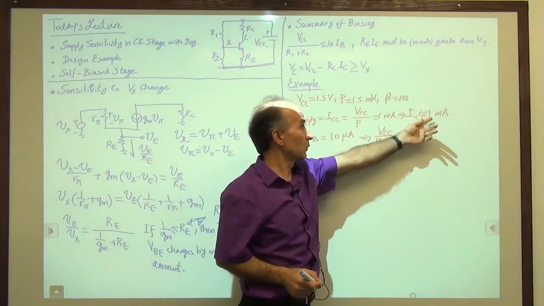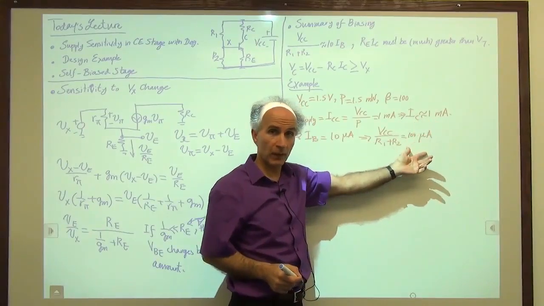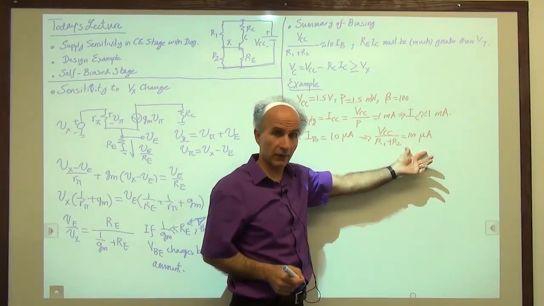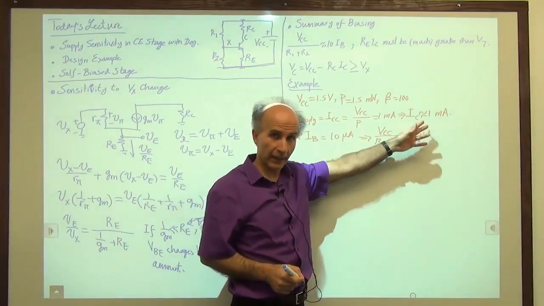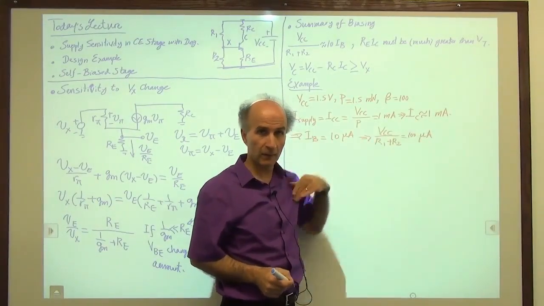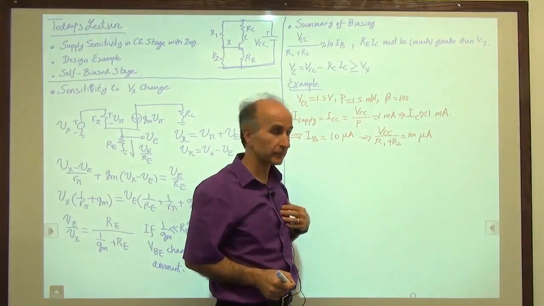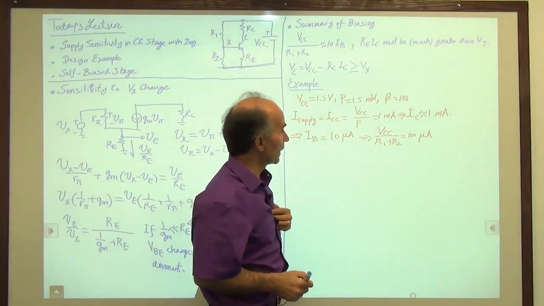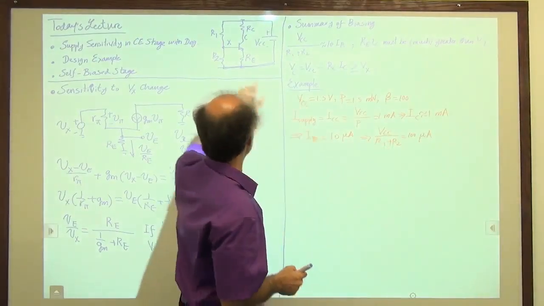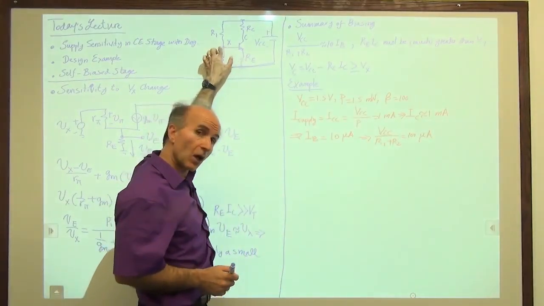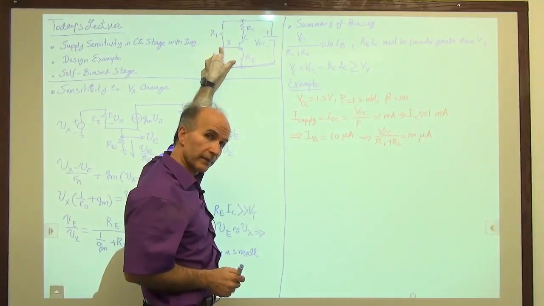We have already consumed 1 milliamp in the collector and then 0.1 milliamp in the resistive divider. So yeah, maybe that's not very good. You can always go back and change these a little bit, but that'll do for now. Okay, so that is to ensure that the base current has negligible effect on this voltage.